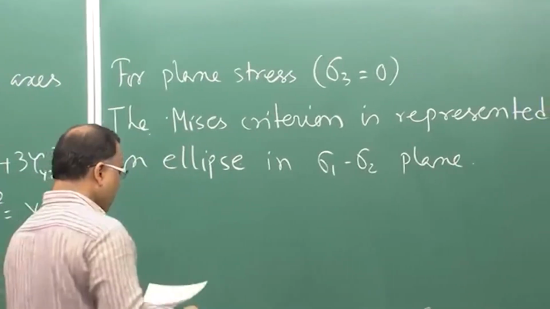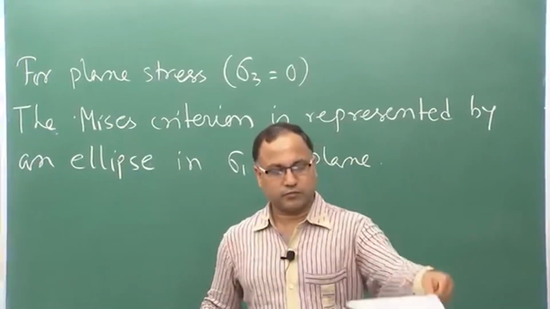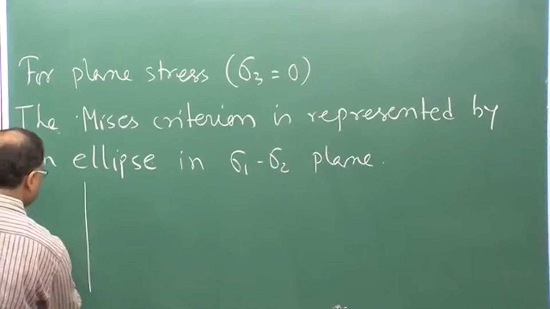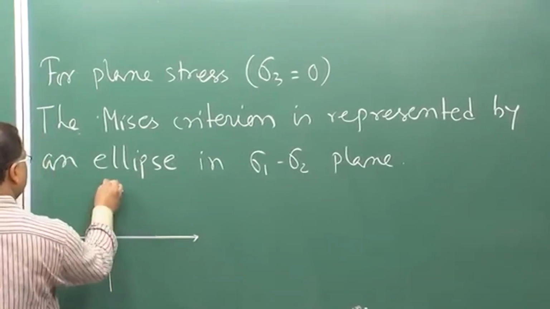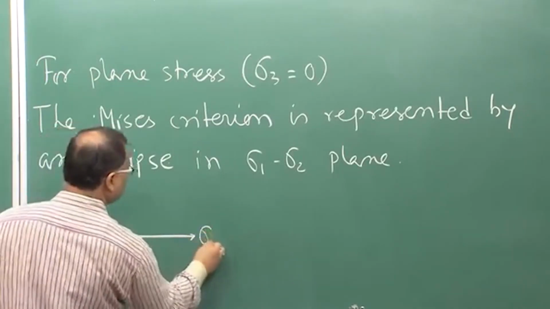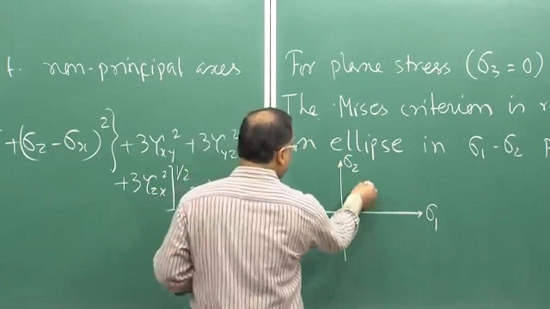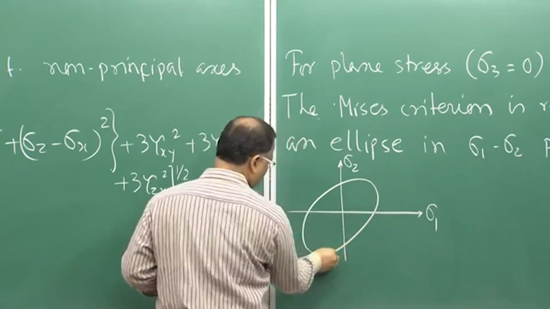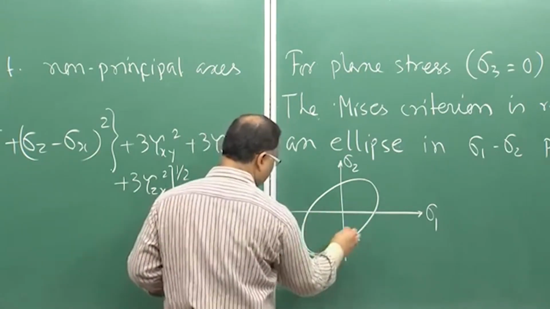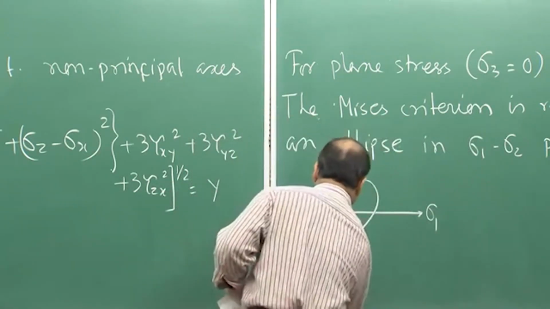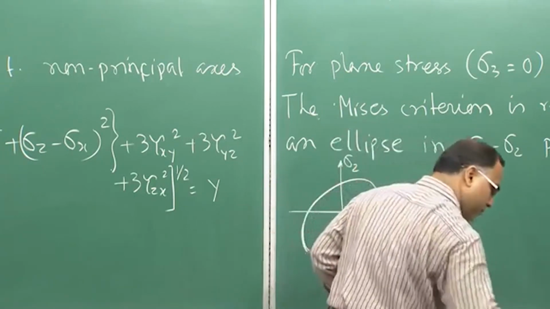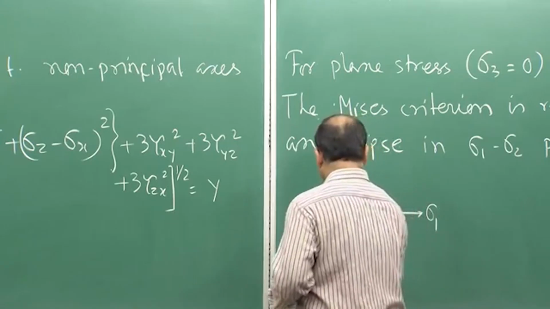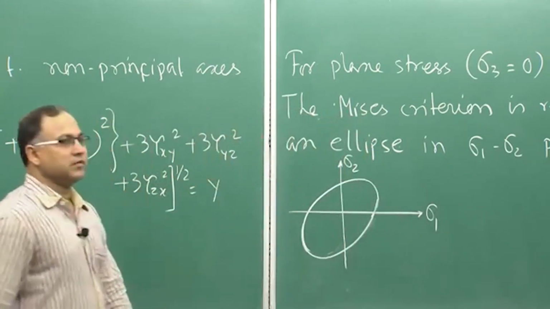So, if you look at the shape in sigma 1 sigma 2 space, this is your sigma 2, this is your sigma 1, it will be an ellipse.